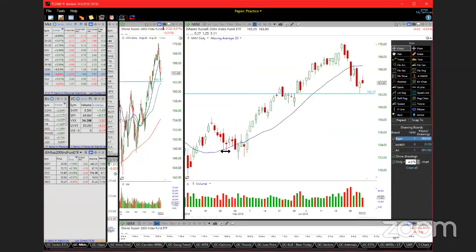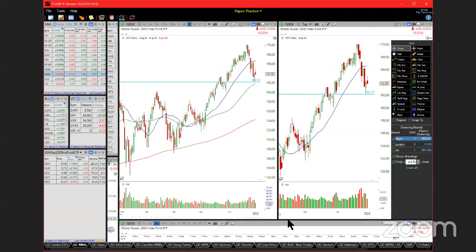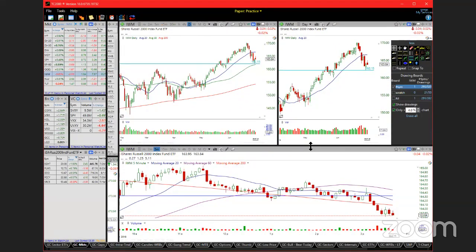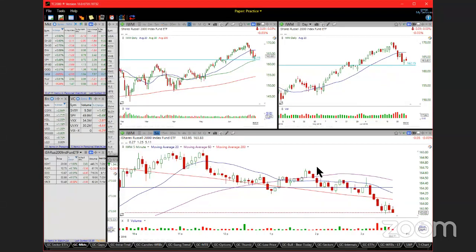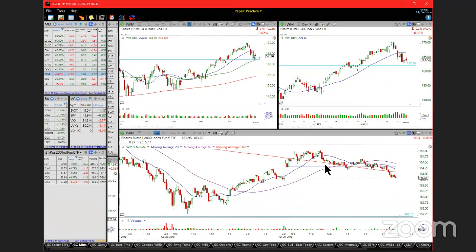Let me fix my chart. Right, we scrunched everything up, but there we go. The Russell here continues to weaken, and I think I'm just going to close things out here and just relax into the end of the day and wait for the close.